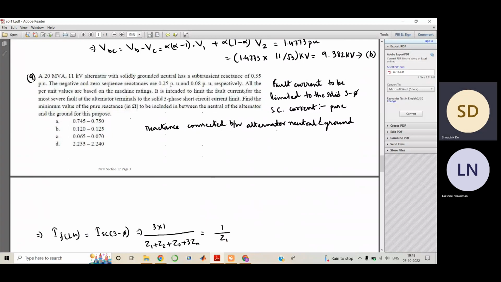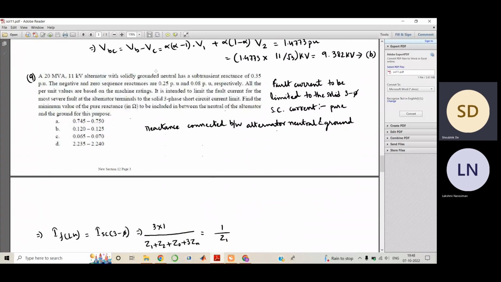As we saw, the most severe fault is the line to ground fault, and they are trying to restrict that current level to the three-phase fault limit. Find the minimum value of the pure reactance to be included between the neutral of the alternator and the ground for this purpose.